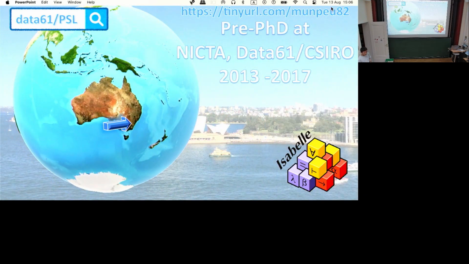Then I did what's called pre-PhD. So some people do postdoc, right? Some people do postdoc. And I spent 3 to 4 years in Australia working in a research team known for the seL4 microkernel. But I didn't work on the seL4 microkernel.